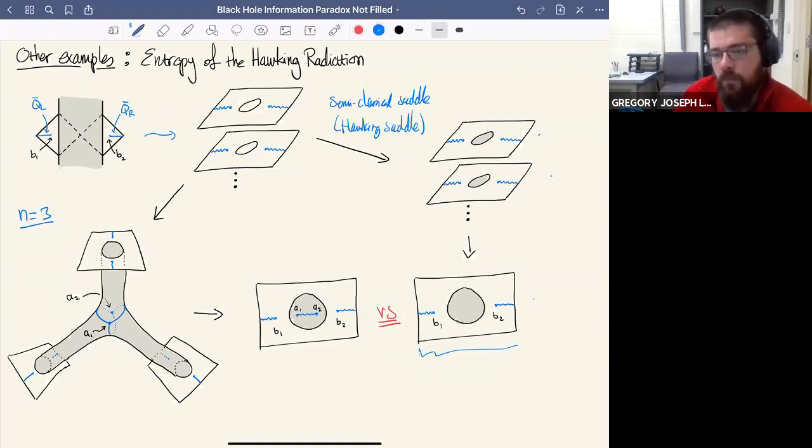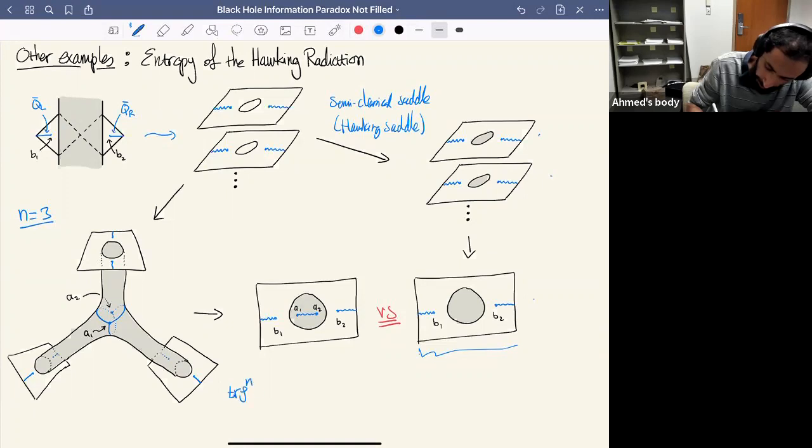If you look at trace rho to the n, for this term, it's going to be e to the minus, maybe 1 over 1 minus n, or n minus 1, I forget, times phi naught plus phi at A1 divided by 4G Newton, plus the same thing for A2, plus the von Neumann entropy of the matter in the two regions, plus e to the minus n minus 1 of just this von Neumann entropy of these regions.